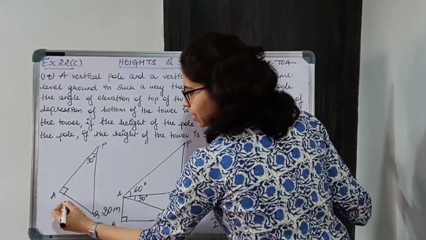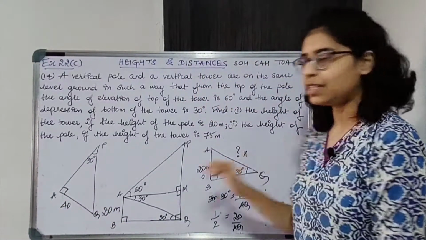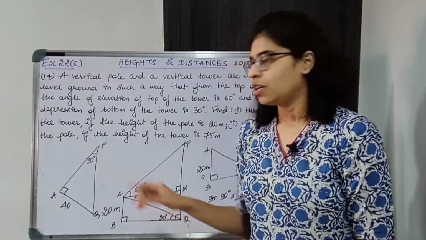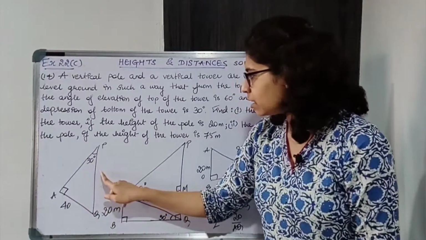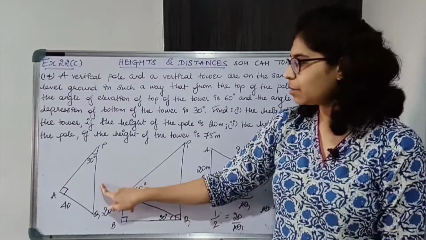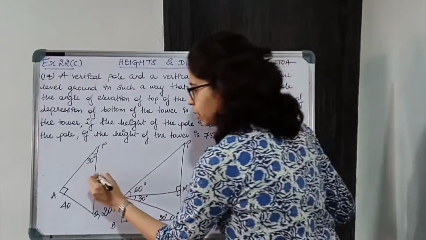So AQ मिल गया. Now you can easily find PQ. Angle का opposite side we know, and angle का hypotenuse, this is hypotenuse not adjacent side. So hypotenuse find करना है.